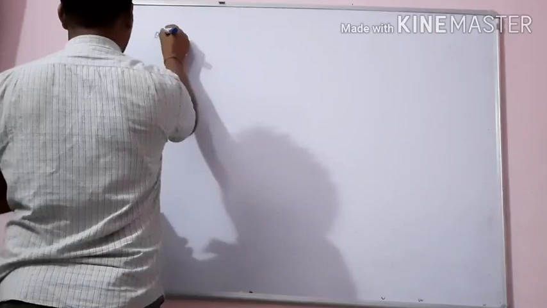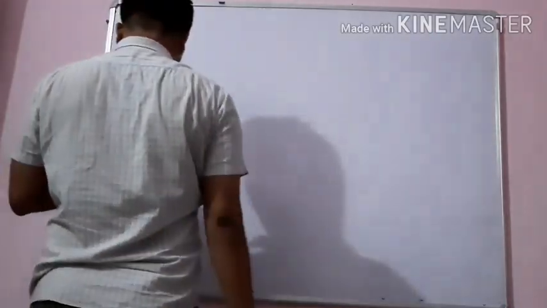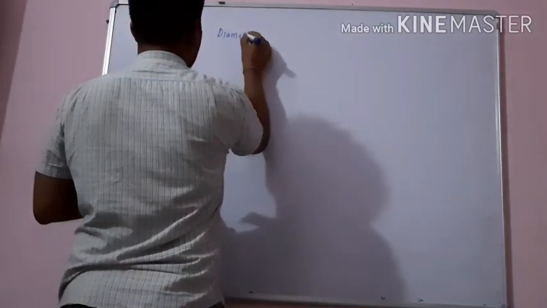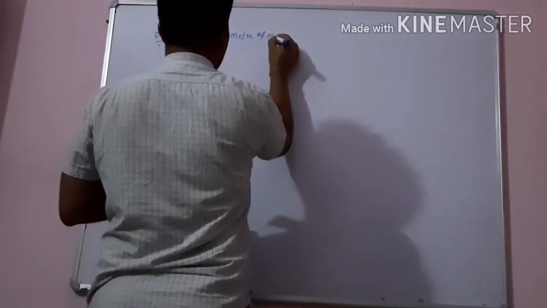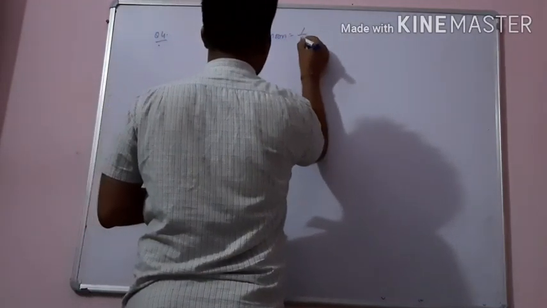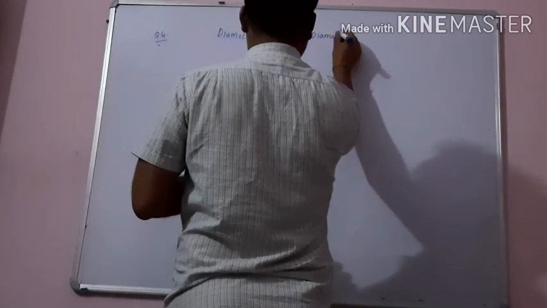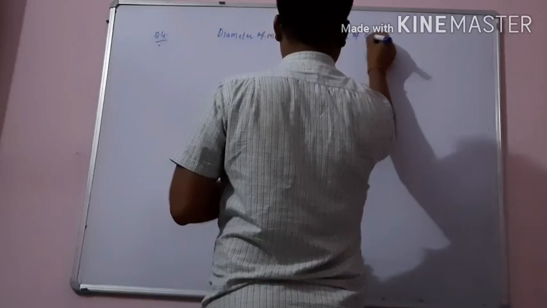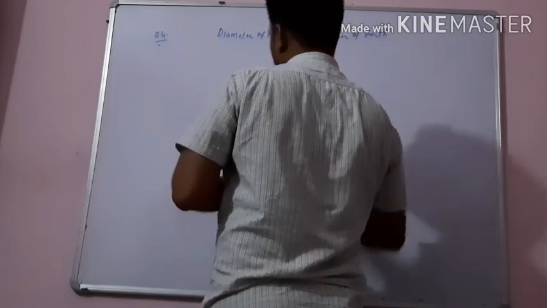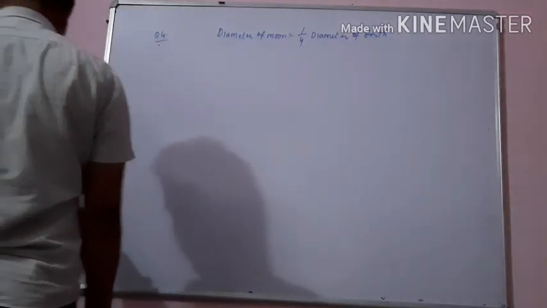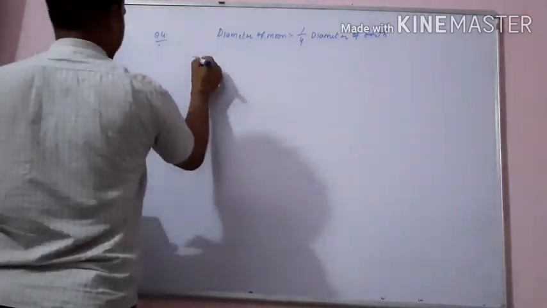In question number 4, the diameter of the moon equals 1/4 the diameter of the earth, and we have to find the ratio V moon upon V earth.